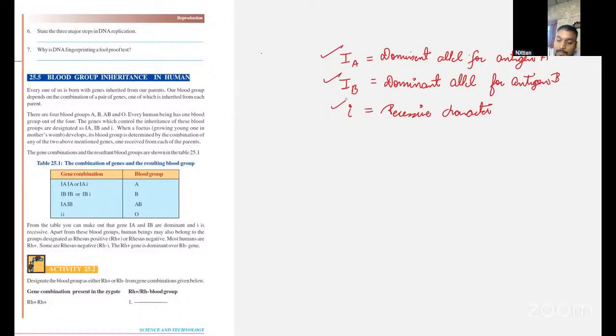Means if a person has blood group A, what possible allele combination can be there?